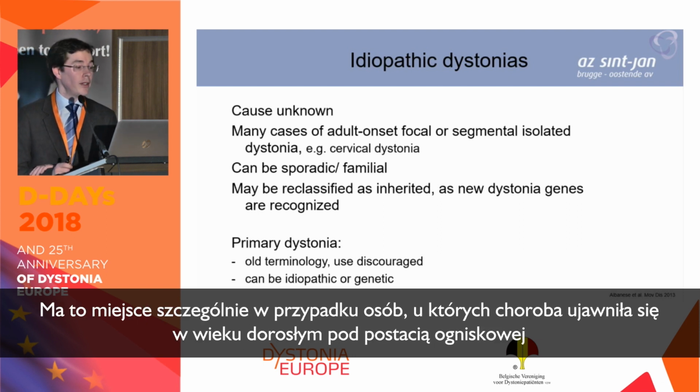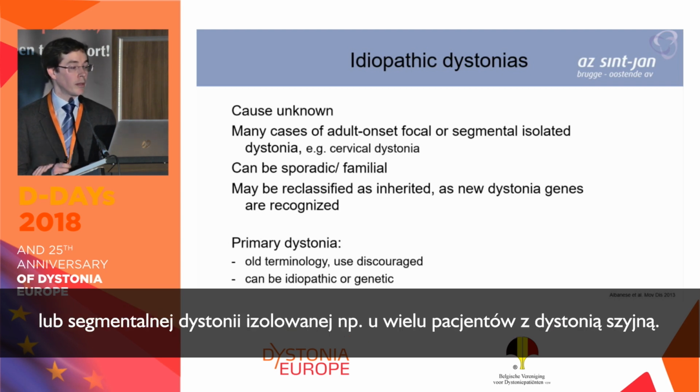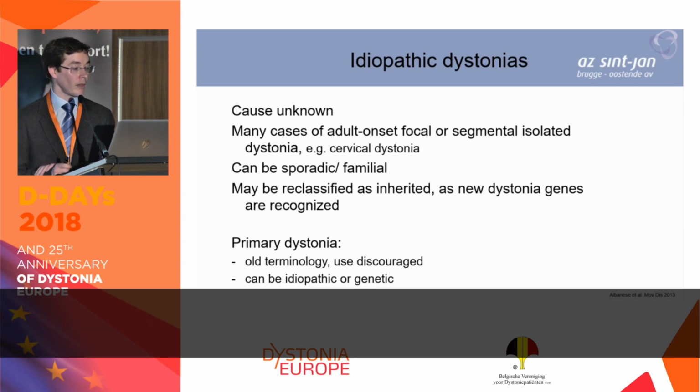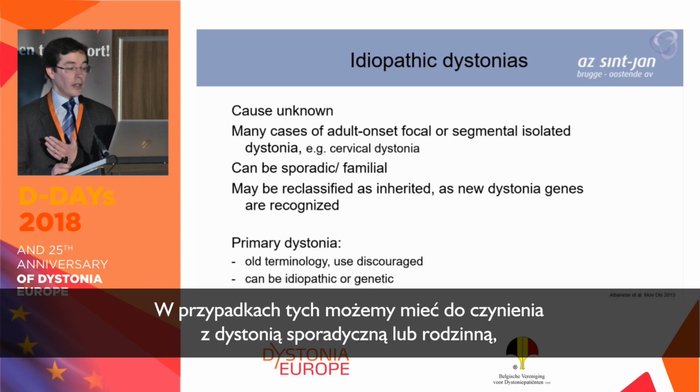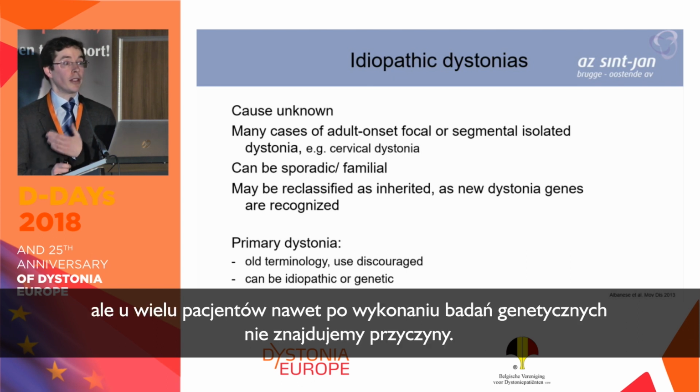It's especially the case in many adult onset, focal or segmental isolated dystonias, like many patients with cervical dystonia. In these cases, the dystonia can be sporadic or familial, but in many patients, even if we do genetic tests, we don't find the cause.